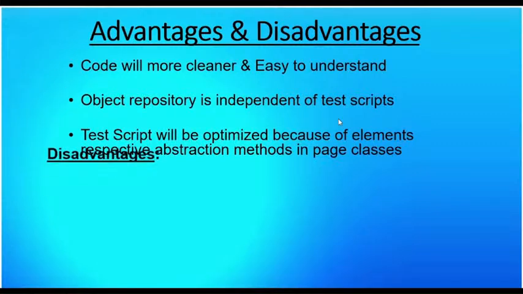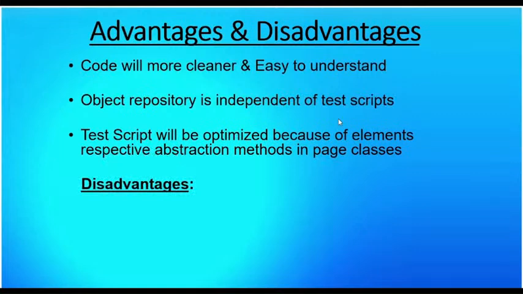So let's discuss what the disadvantages of using the page object model are. First one is time and effort. We will be spending a lot of time creating the page object model page classes, because you will have to identify the web page elements and implement the abstraction method which will perform the action on that particular page.